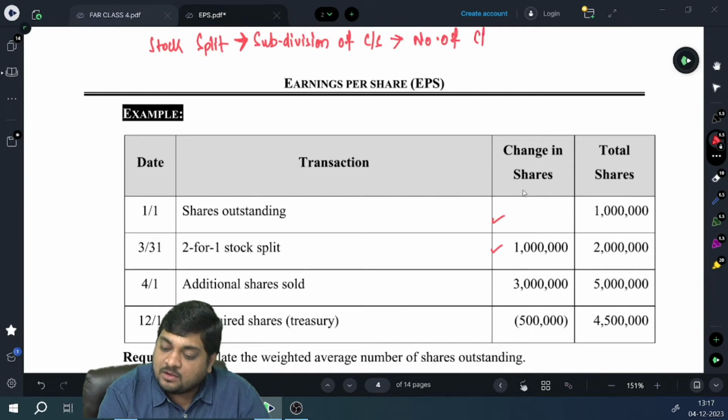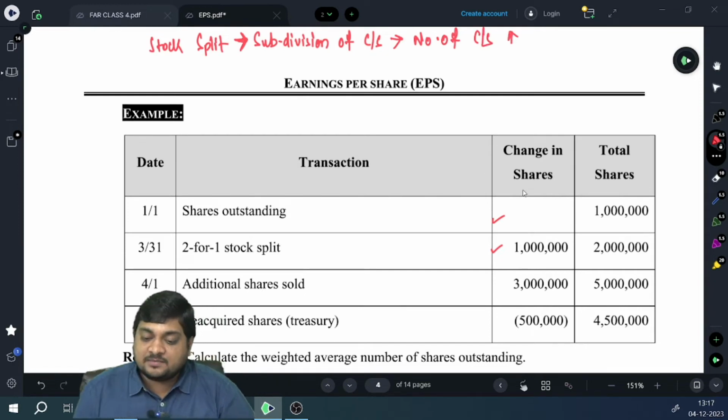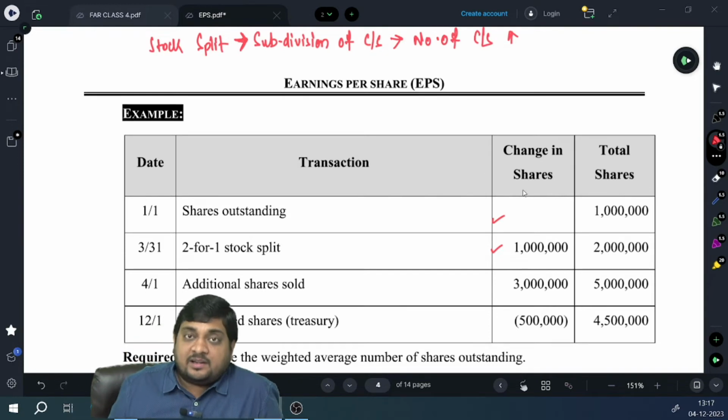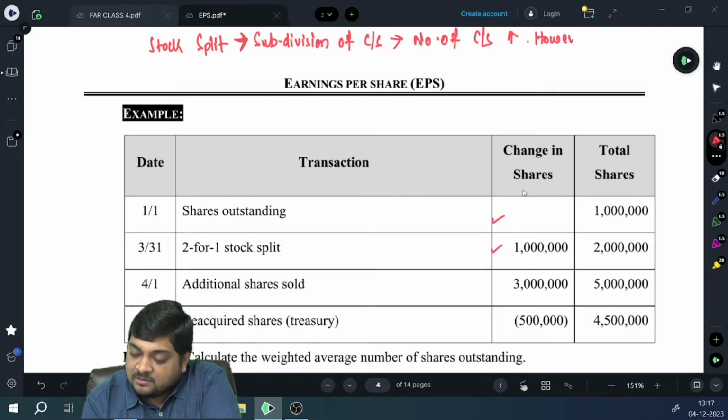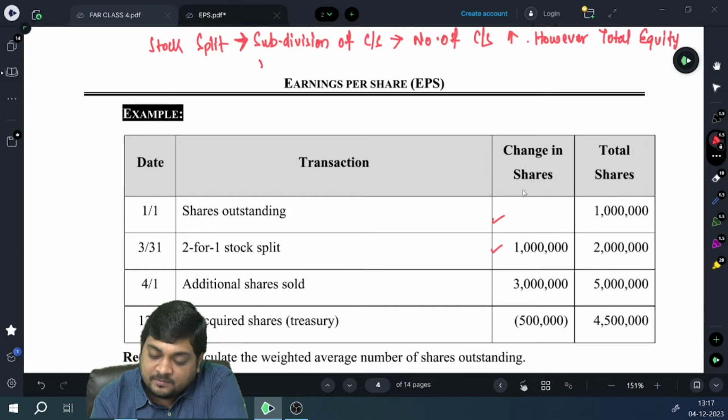The number of common stock increases, however total equity remains the same.